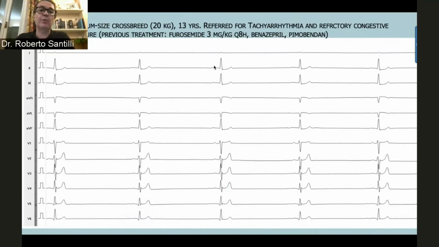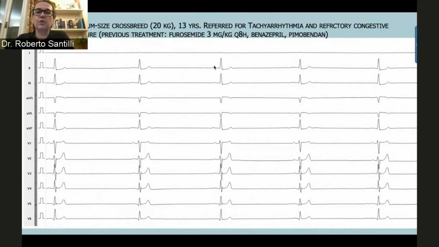So now we have to go back. It was not a permanent AFib, it was just long-standing, and for some reason this dog went back to sinus without any provocation. And why did this happen? We really don't know 100% because neither digoxin nor diltiazem can induce a cardioversion.